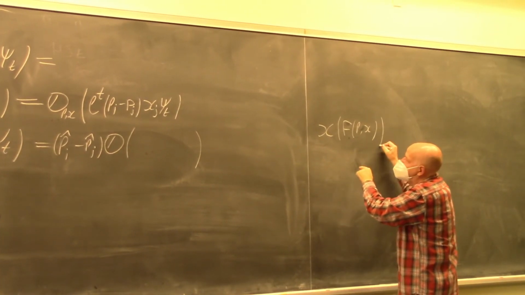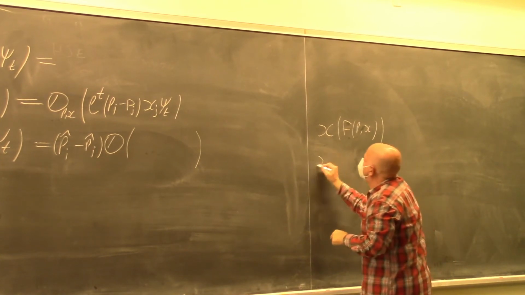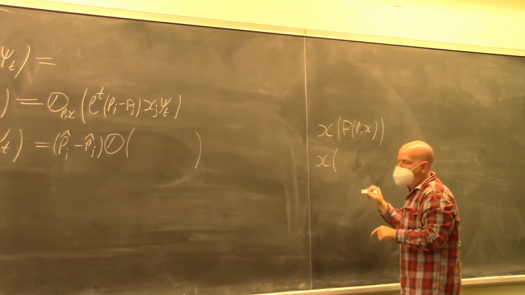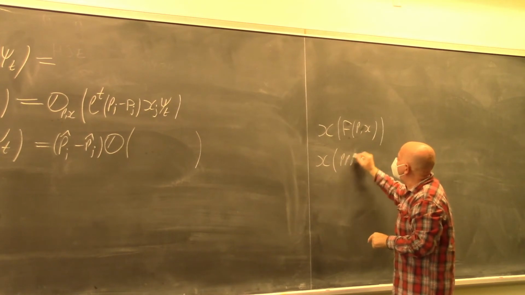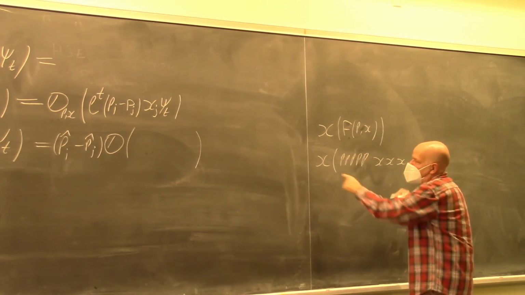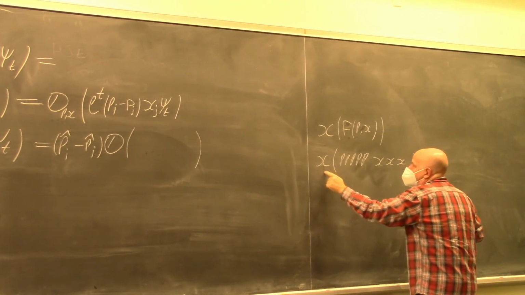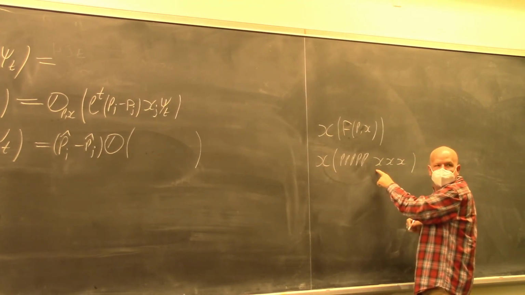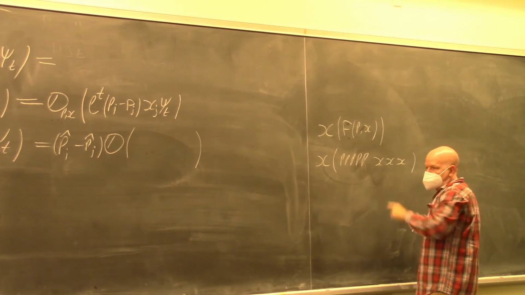Okay? So basically I want to multiply x into p, x, x, x, x, and what I need to do is to bring the x in place. Okay?